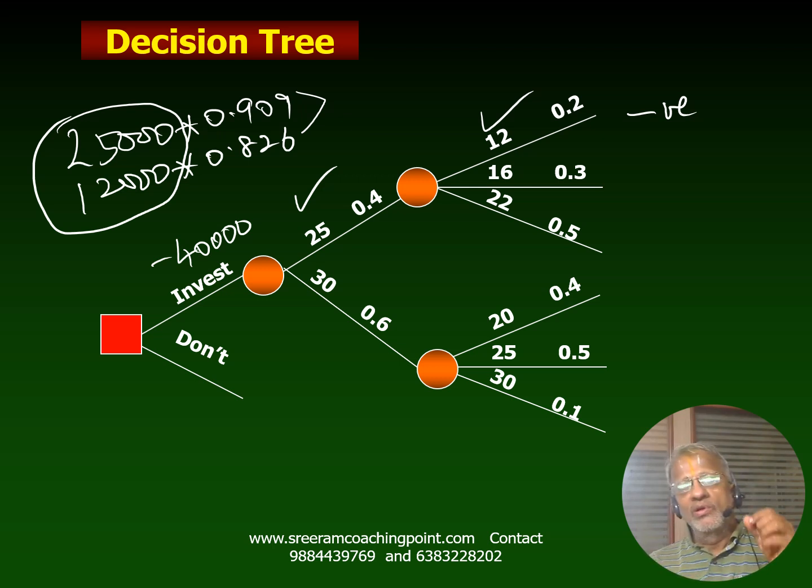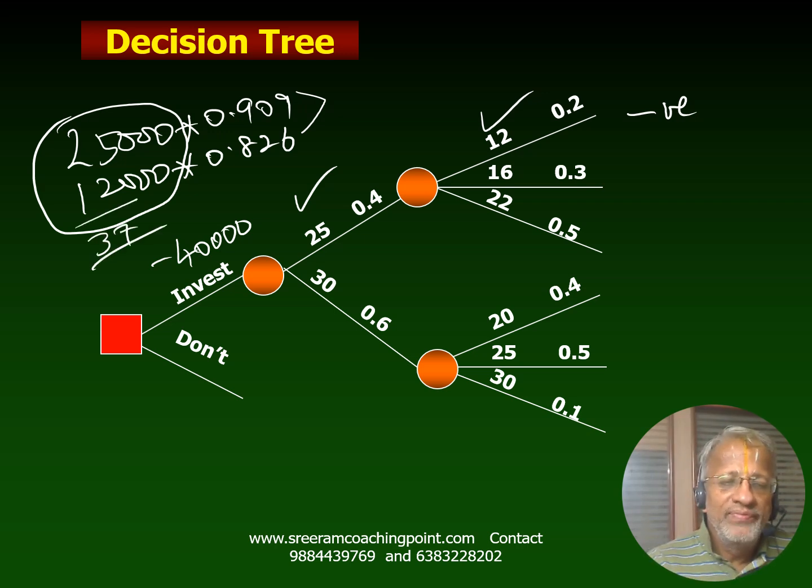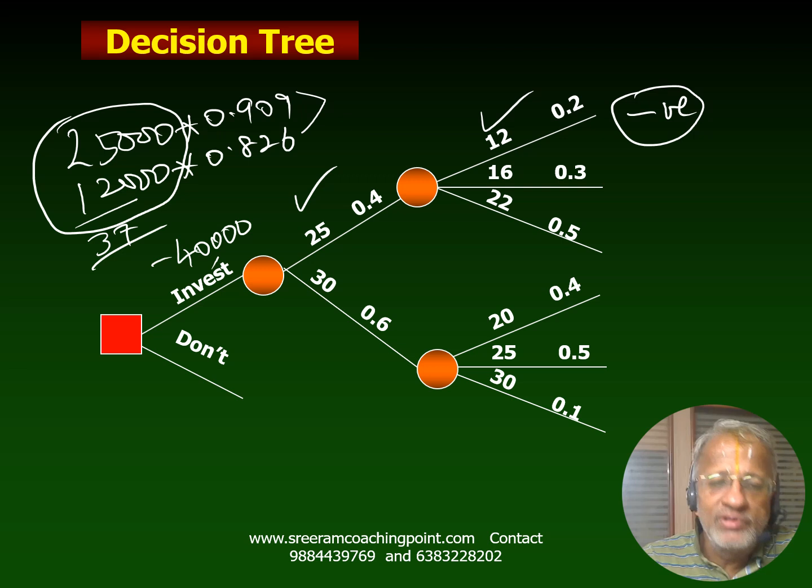How confidently can we say that? Even without discounting itself, it is coming to 37,000, whereas the initial investment, which results in a 40,000 rupee outflow, will result definitely in a negative NPV, and I can tell for sure that this is going to be the worst NPV, a negative NPV. Why? Because the further possibilities all have cash flows with higher positive values.